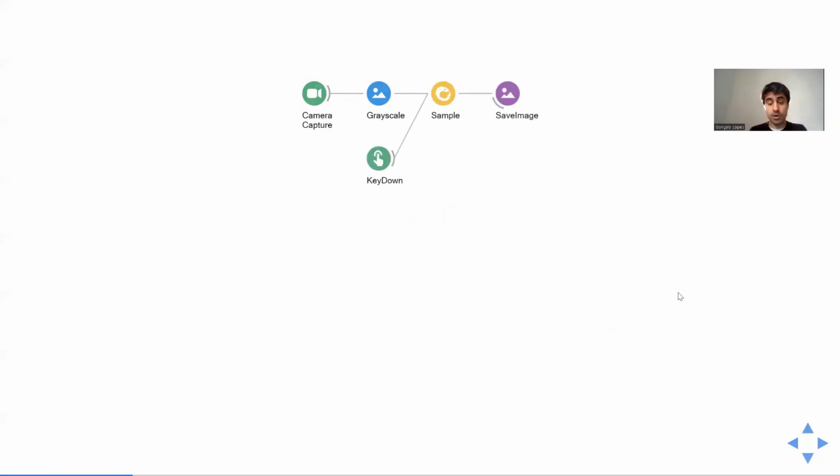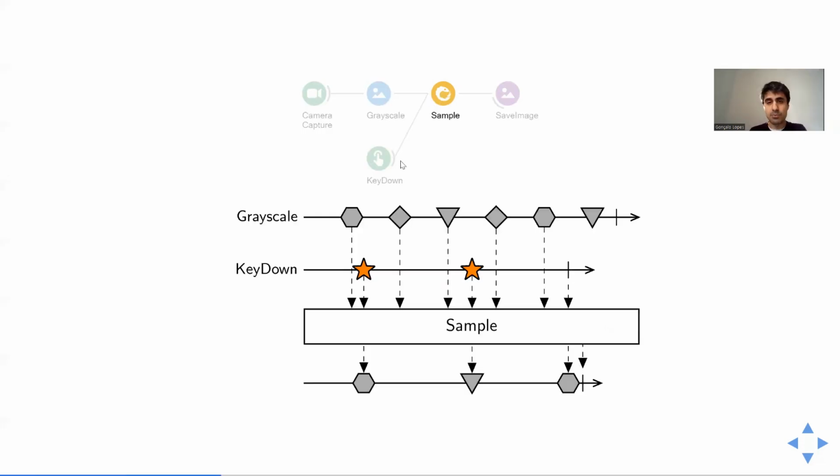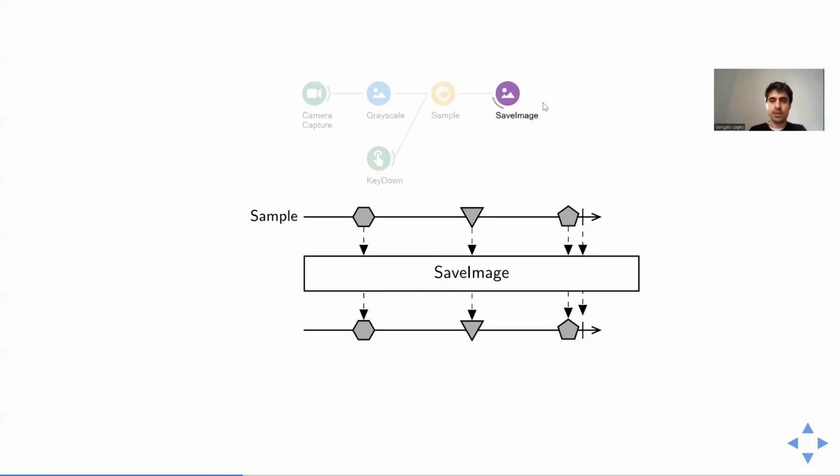We also saw a little bit more complicated example of sample that now receives notifications from two sequences, and returns the latest frame coming from the Grayscale only when keydown produces a value or makes a tweet. And you end up with another sequence of notifications that you can then continue to transform. So this is the general pattern for sinks.